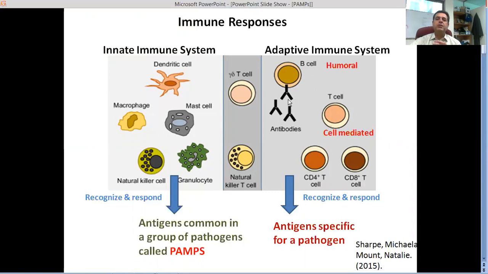And those would be specific to these two different kinds of bacterial species. So this one is more specific, and on the left, the innate immune system is considered less specific due to recognition of this particular pattern, the pathogen-associated molecular patterns.